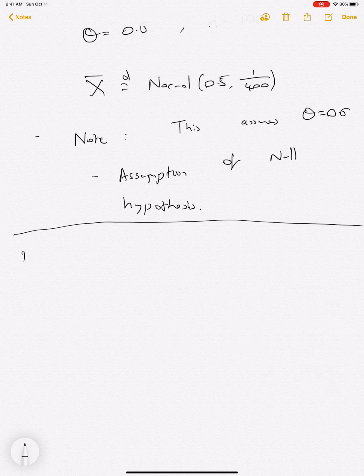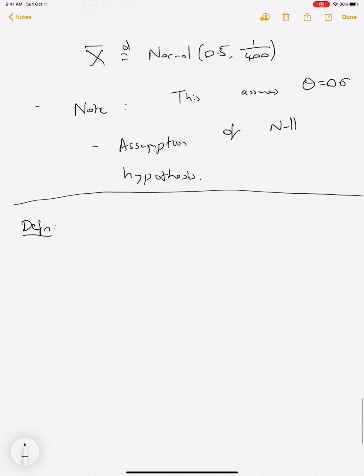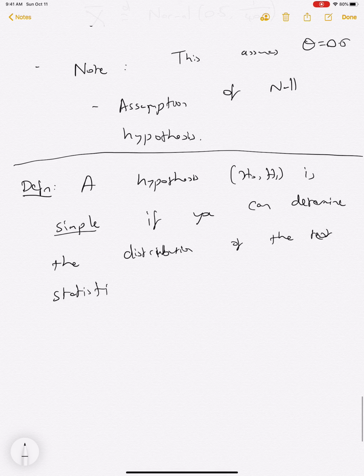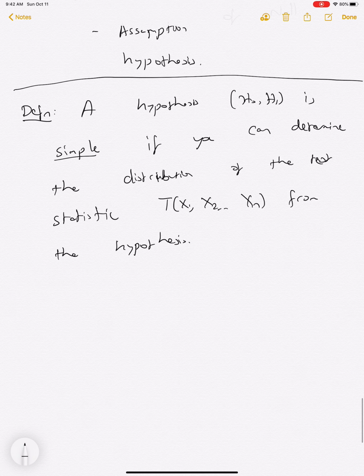So a hypothesis, this could be H0 or H1, is simple if you can determine the distribution of the test statistic from it, otherwise it is composite.